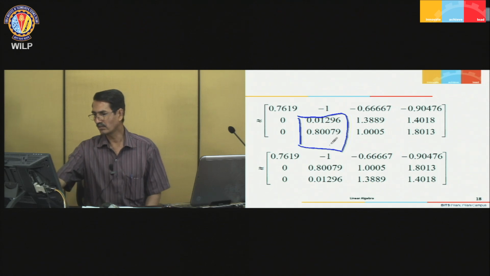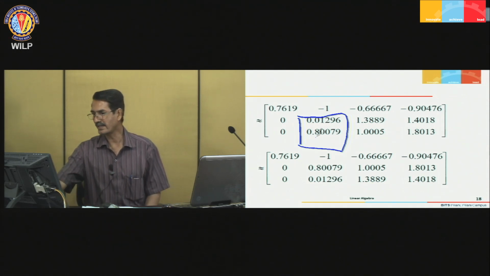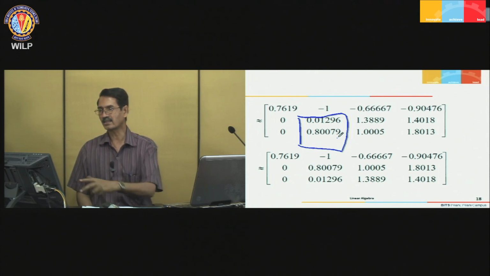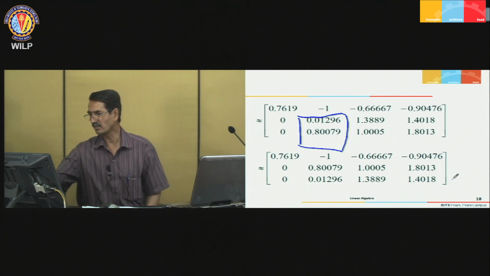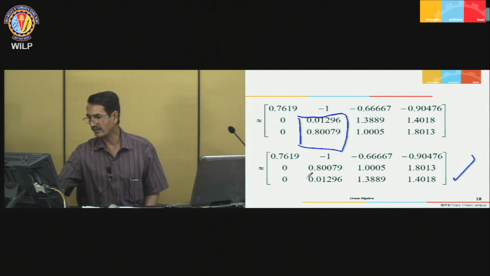So, look at here, which one is numerically largest? 0.80079 is the numerically largest. Therefore, we will have to interchange the rows. So, interchange the second and third rows. Okay. Then again you want this one to be 0.